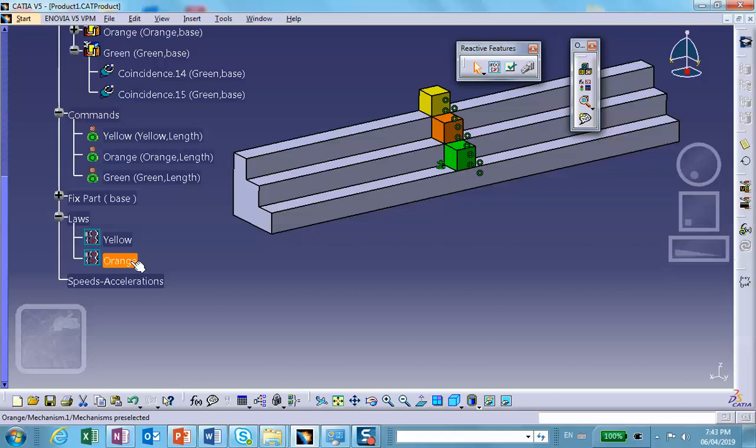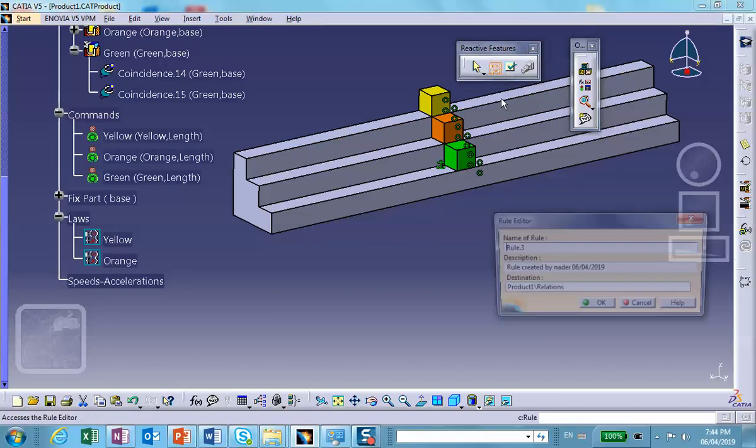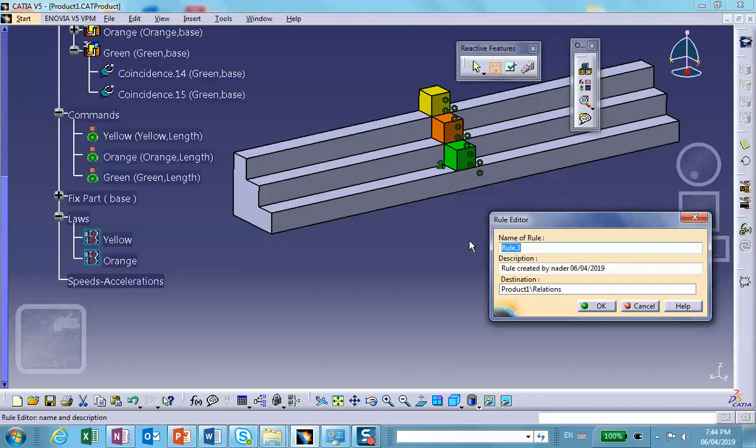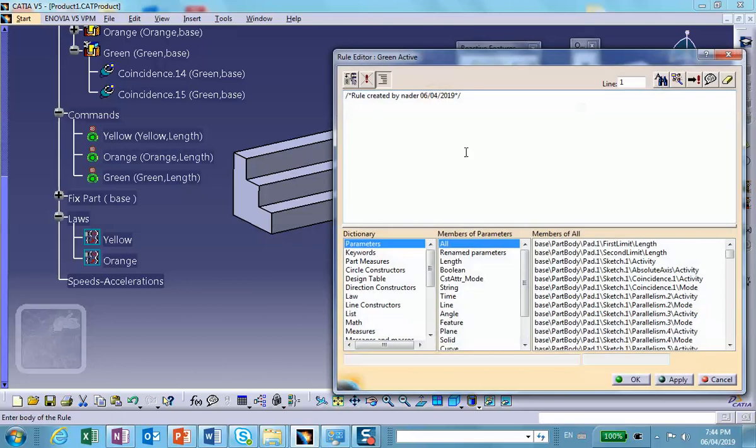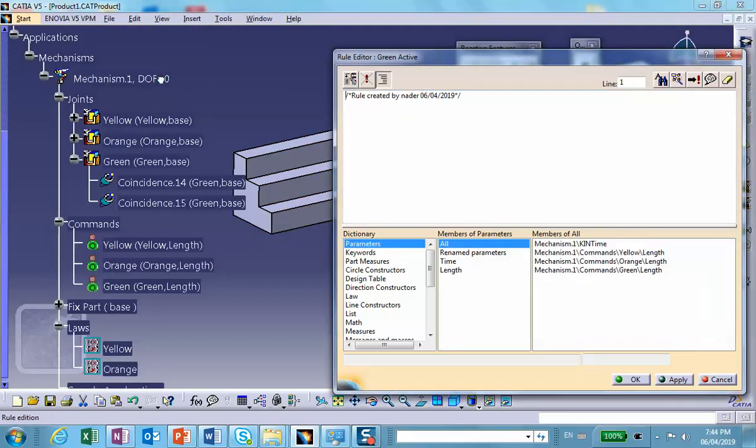And finally we make the rule for the green one. So click on that, change this thing to green. Okay. Click on the mechanism so that only the stuff where the mechanism comes.